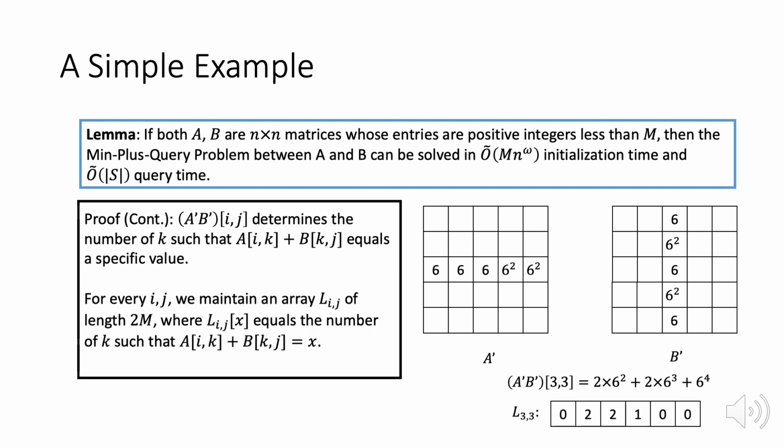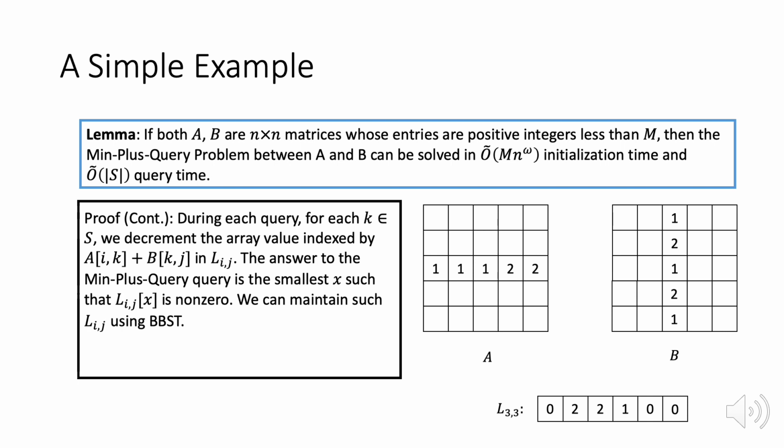Then we can write down this information to an array L for every pair ij. To answer a query, we try to remove every k in S from the array L. For instance, here, let's say we got a query i equals 3, j equals 3, and S equals the set 1, 2, 3.